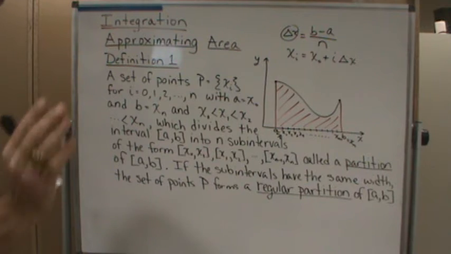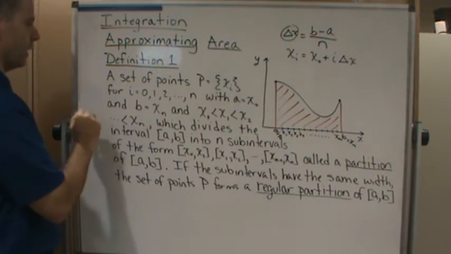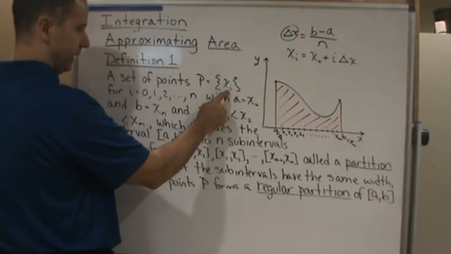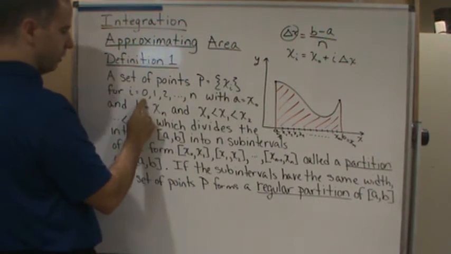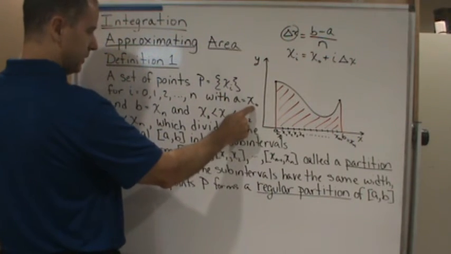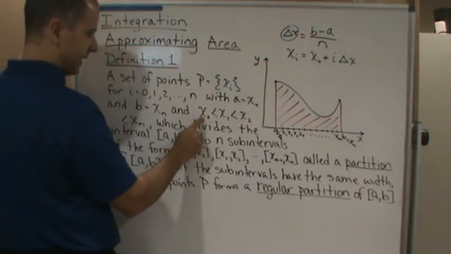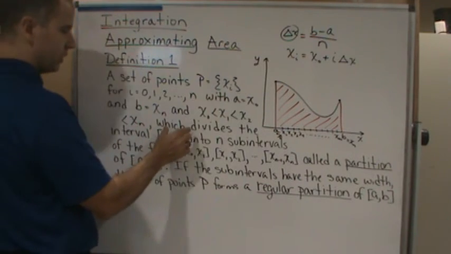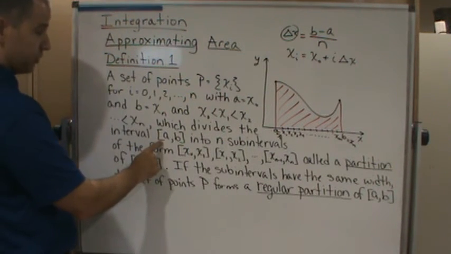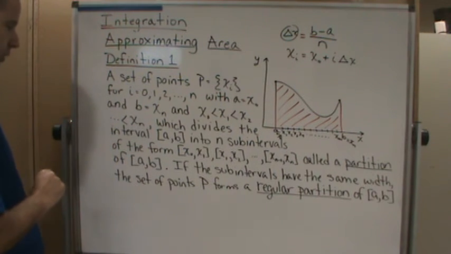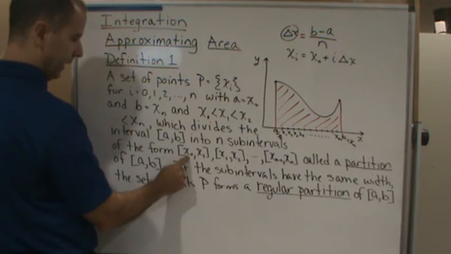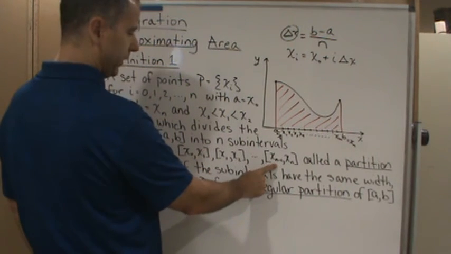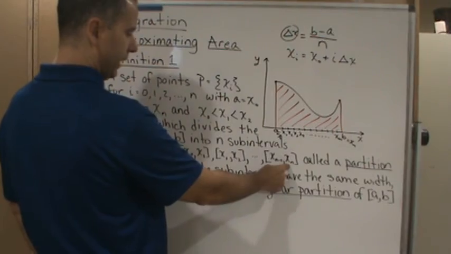Okay, now let's go into the definition here. Definition 1 says a set of points P, capital P, which is denoted using set notation of x sub i, for i equals 0 to n, with a equal to x sub 0 and b equal to x sub n, and x sub 0 is less than x sub 1, which is less than x sub 2, all the way to less than x sub n, which divides the closed interval ab into n subintervals of the form x0 to x1, x1 to x2, and so on and so forth, all the way to x sub n minus 1 to x sub n.